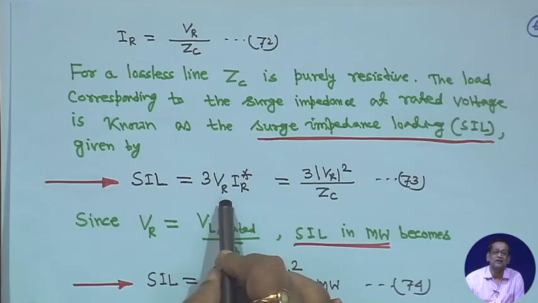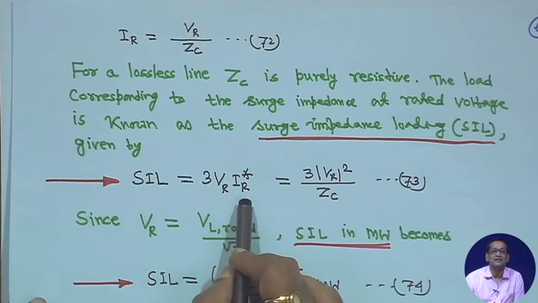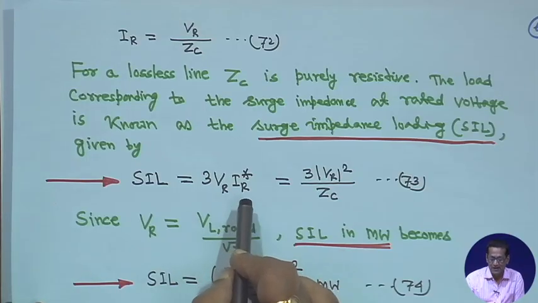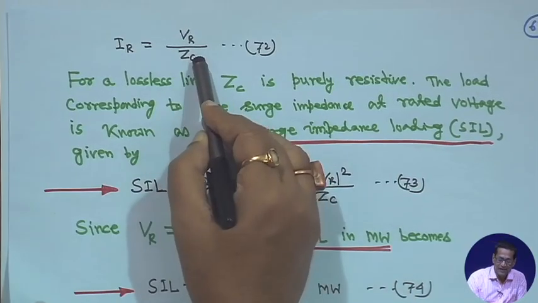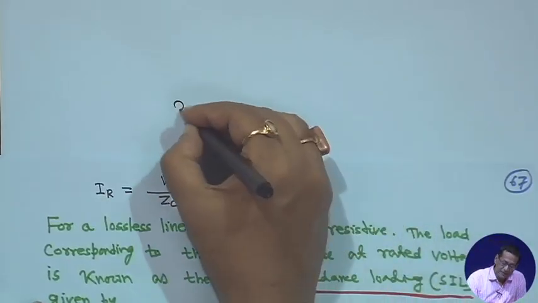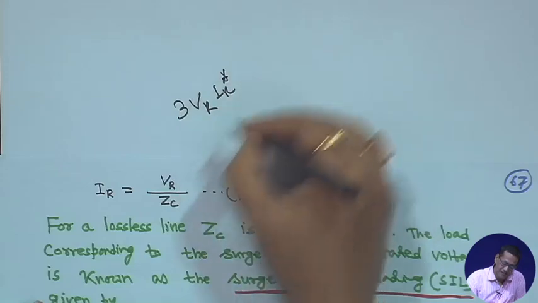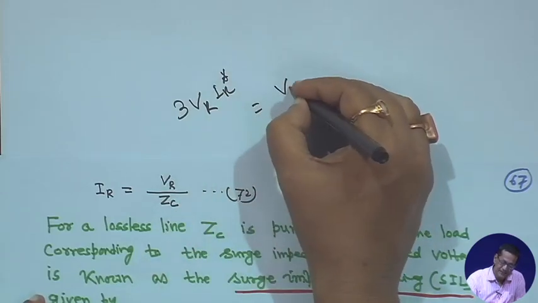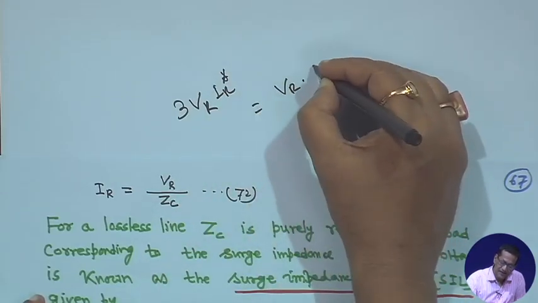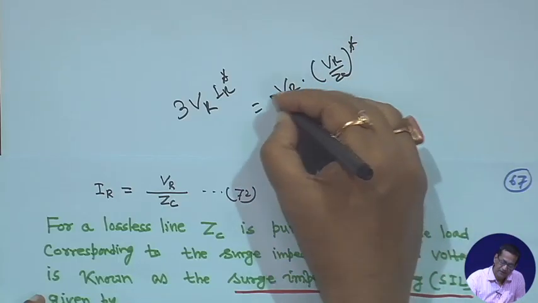This we have seen also, I have shown you separately how this V_R I_R conjugate comes. Here I_R is equal to V_R upon Z_C, so it is V_R and V_R upon Z_C conjugate, multiplied by 3.